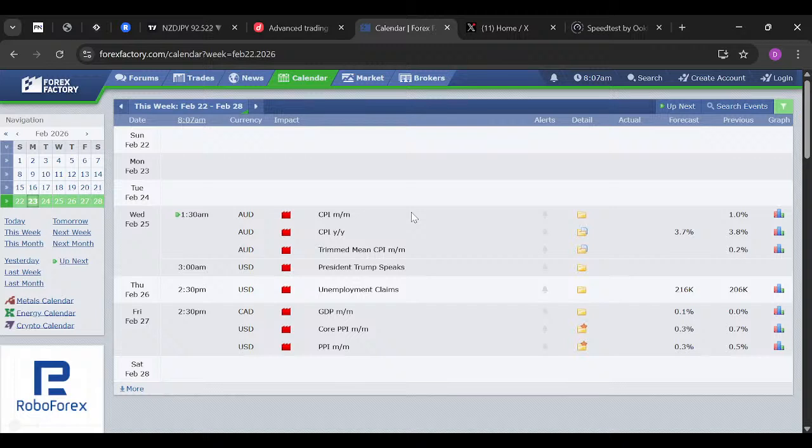So on Wednesday we have CPI for AUD pairs. Then they put Donald Trump's speech inside the high impact news. It's true, because why would they not do that? So Donald Trump is going to be speaking on Wednesday. What is he speaking on? Let me even see.